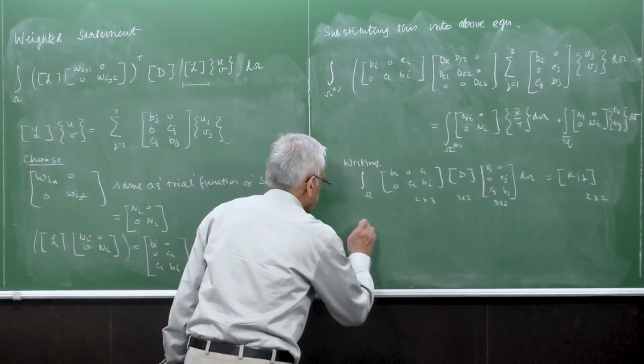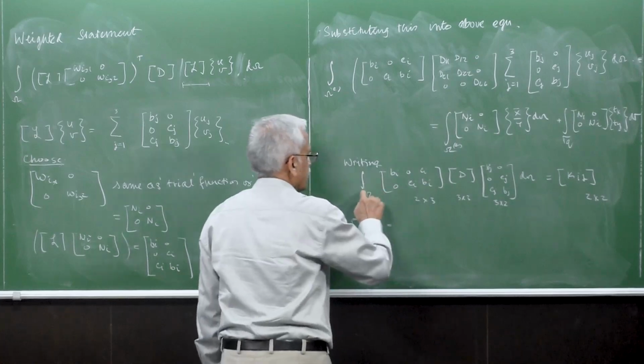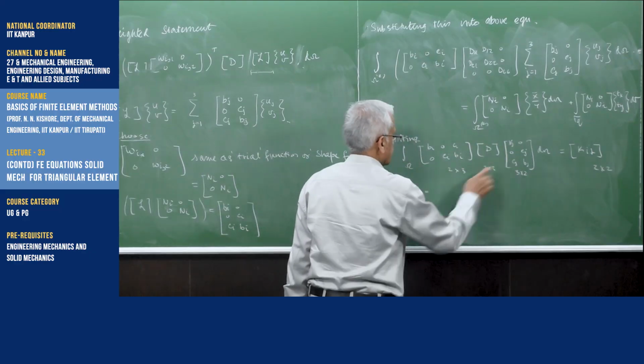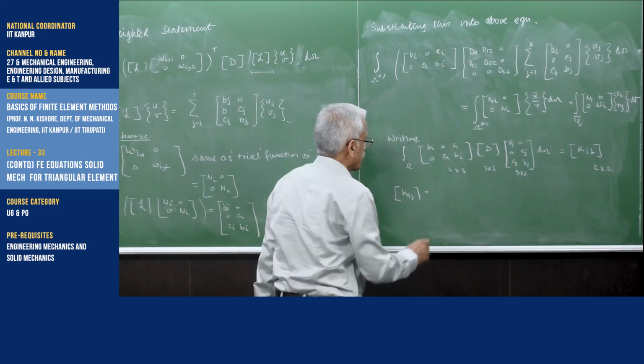So Kij is nothing but, as we read, all these things are constants, and the integral is only on d omega.